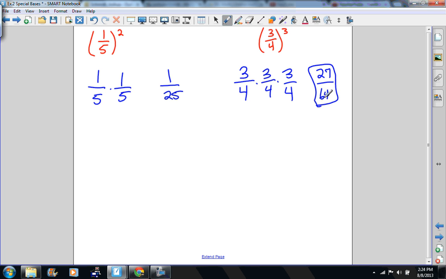Now, for these problems, if the number inside is simplified, then the answer will be simplified. If you had a problem like this, 2/4 squared, since this isn't simplified, this answer that you would get, which would be 4/16, would have to be simplified as well. So if the original problem is simplified, your answer will also be simplified.